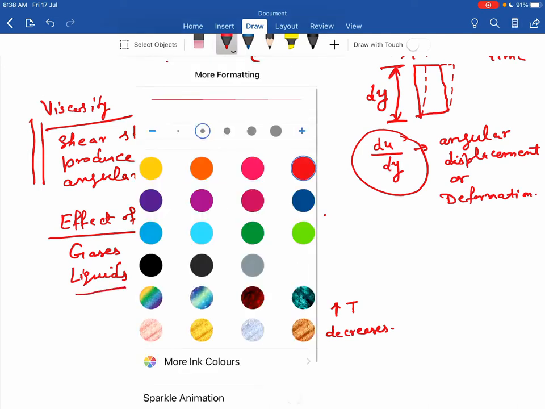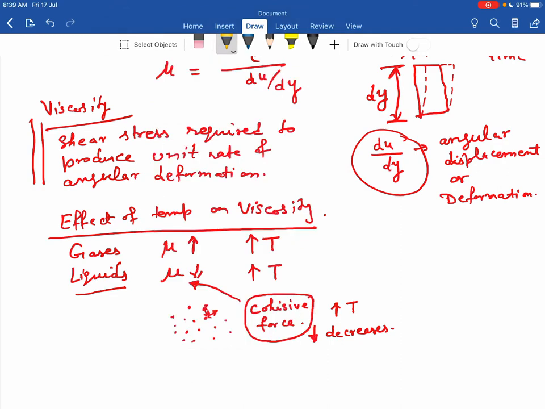Now in the case of gases, there is no concept of cohesive force. There is a large distance between the molecules of a gas. When we increase the temperature of a gas, the momentum of the molecules also increases.